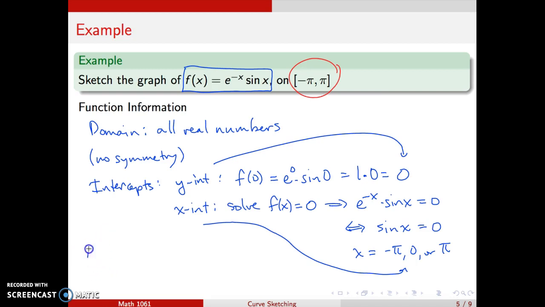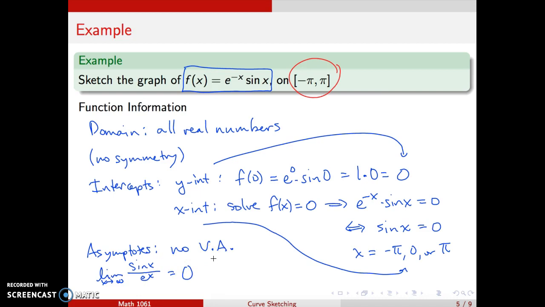Maybe our asymptotes. We don't have any vertical asymptotes. For horizontal, we might look at the limit as x goes to infinity of sine of x over e to the x, which is 0.